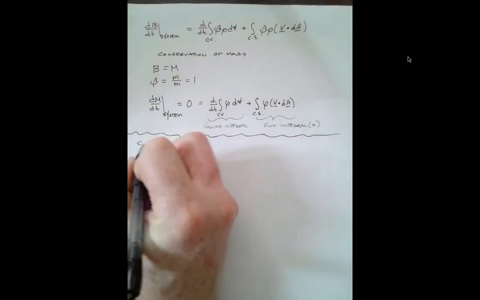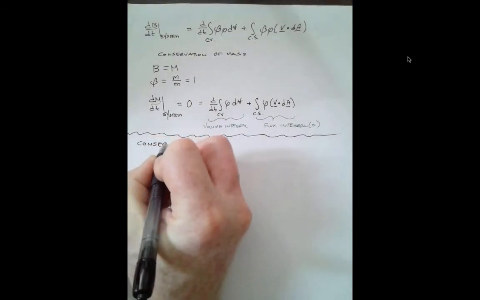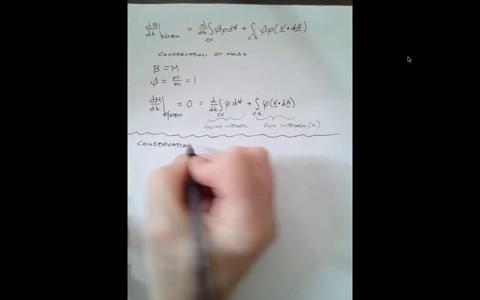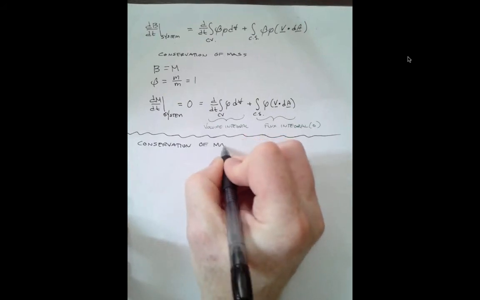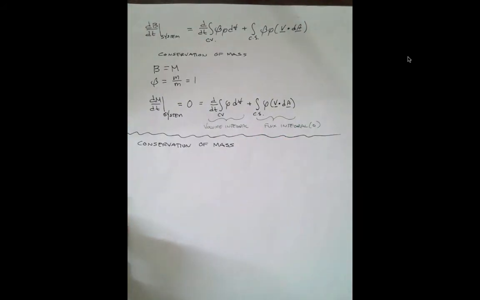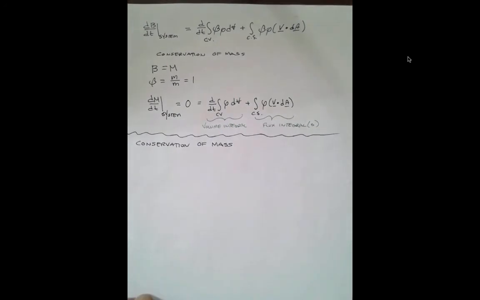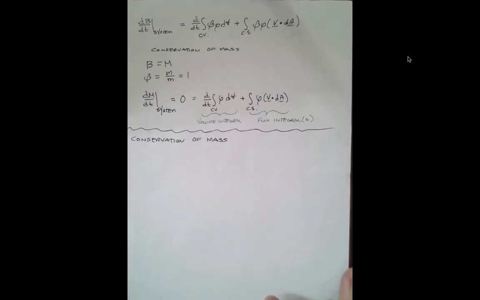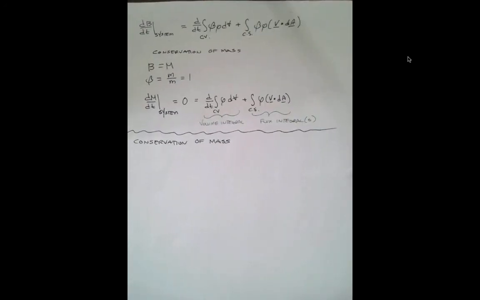So conservation of mass. A pretty important concept. It works in civil engineering, environmental engineering, mechanical engineering, electrical engineering, and probably even financial engineering. Conservation of mass simply states that the rate of accumulation in a control volume is exactly balanced by the net inflow.